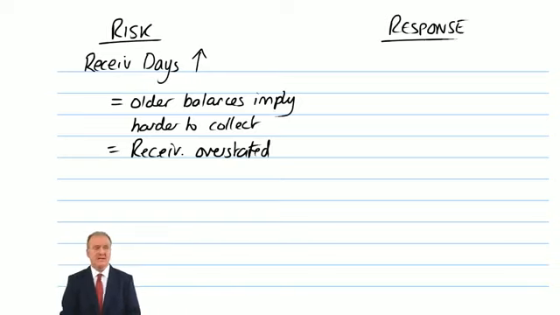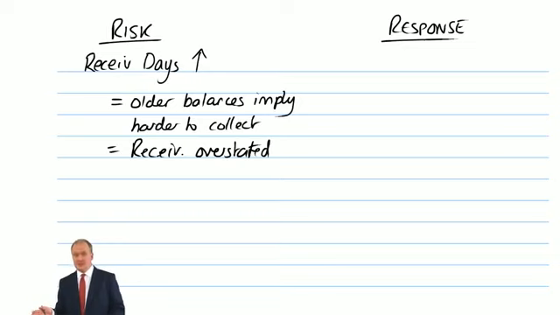Well, my response is what I want my audit staff to do to check whether this risk is reality. How do we know if the balances at the year end are indeed a risk of non-payment? And we know if they're a risk of non-payment by looking for evidence that there is a problem.